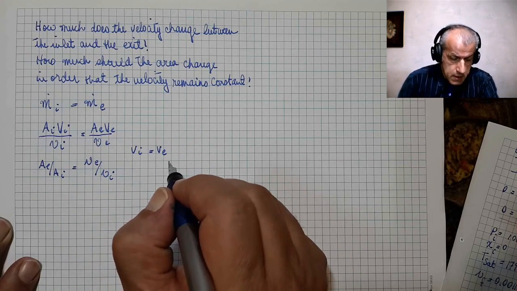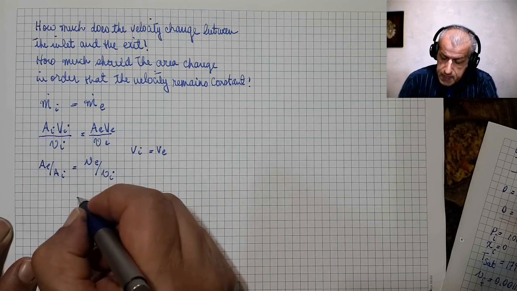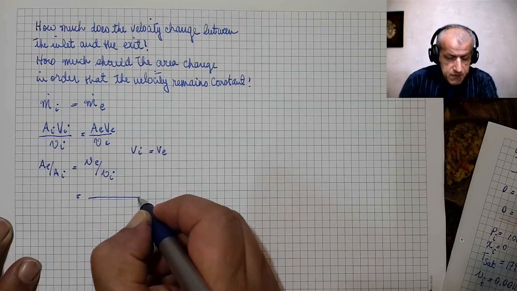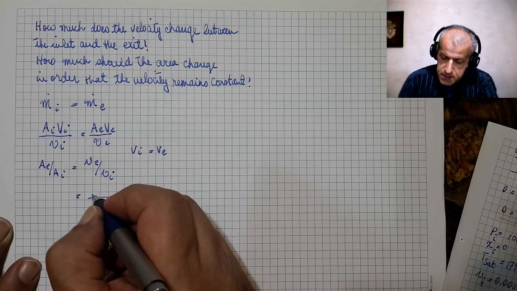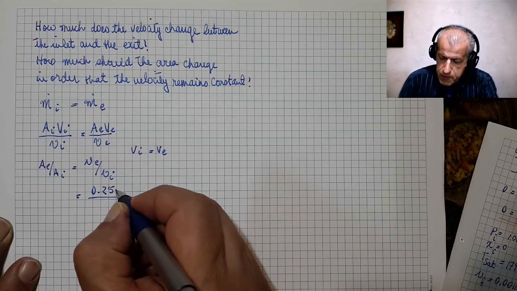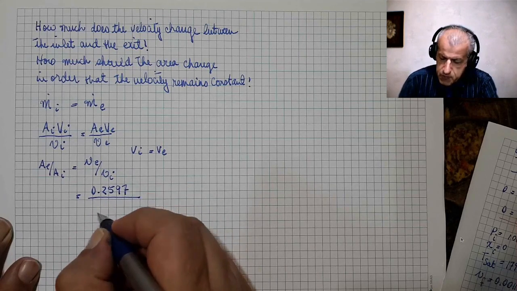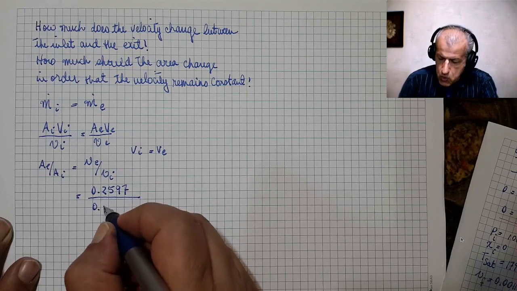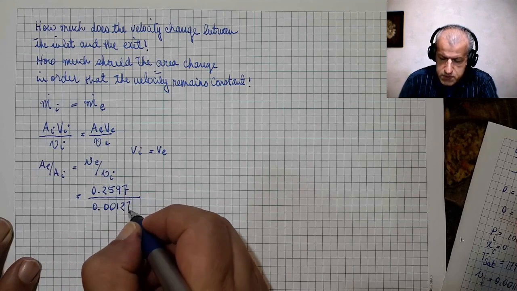Now, this equals, we know both specific volumes, 0.2597 divided by 0.00127.